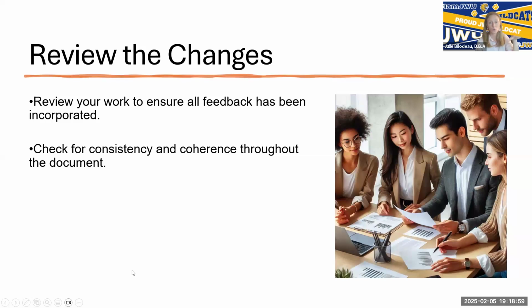Okay, review the changes. Once you make these changes, go through, read the work again, and make sure that it makes sense. Some of the things you can do as a visual review, right? Maybe your in-text citations are an easy visual review. Your reference list citations might be easy to look at. Are your volume numbers italicized, all that.